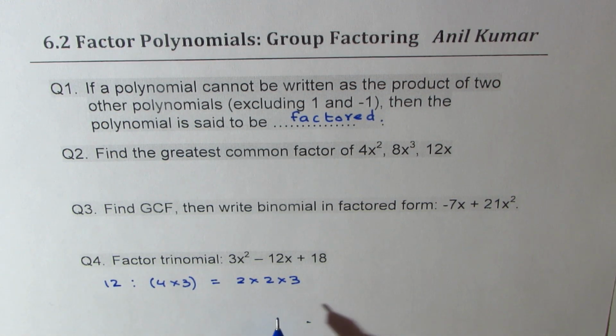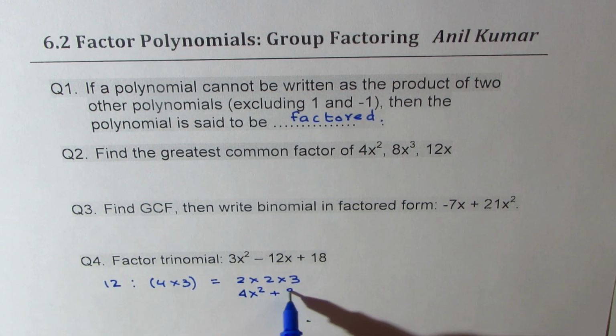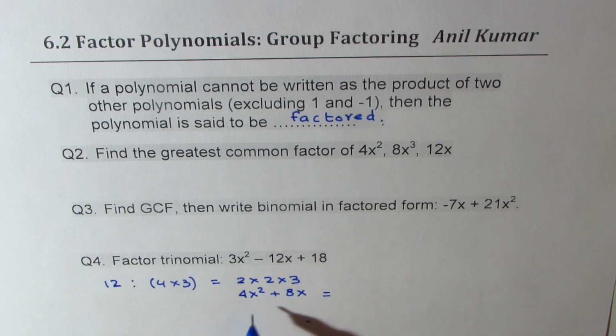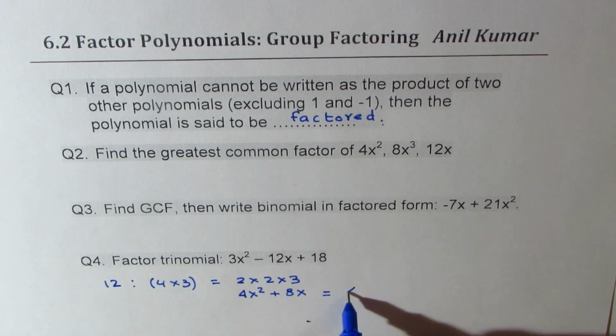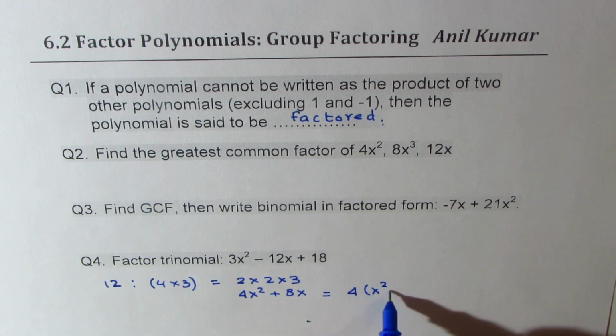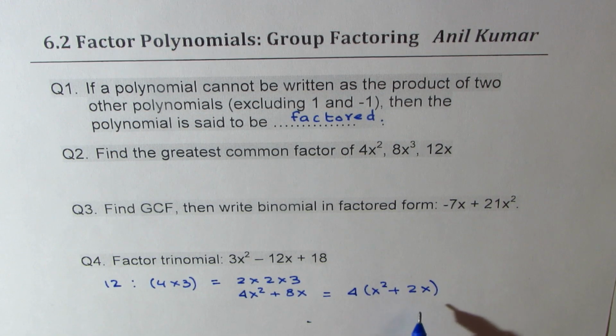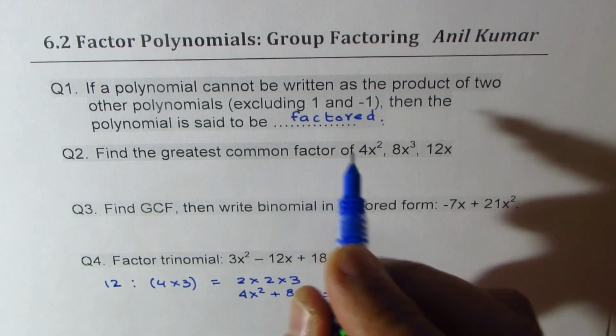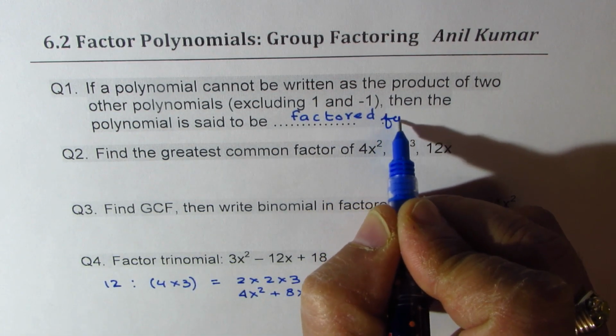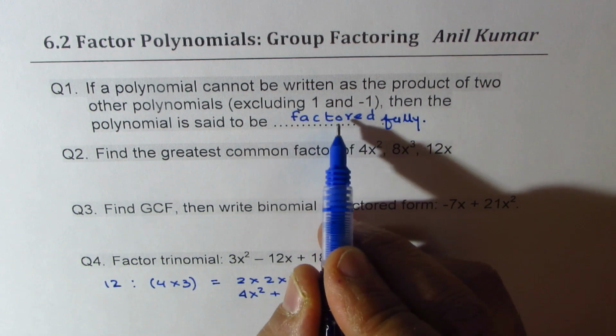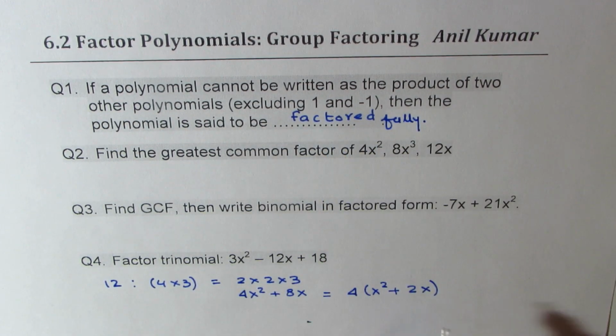So in polynomials also, if we have a polynomial, let's say if we have 4x squared plus 8x, we could factor 4 and we could write this as 4 times x squared plus 2x, right? But remember, you could factor x also. So it is still not factored fully, right? You can say that it is factored, but fully factored means that you cannot factor it further.